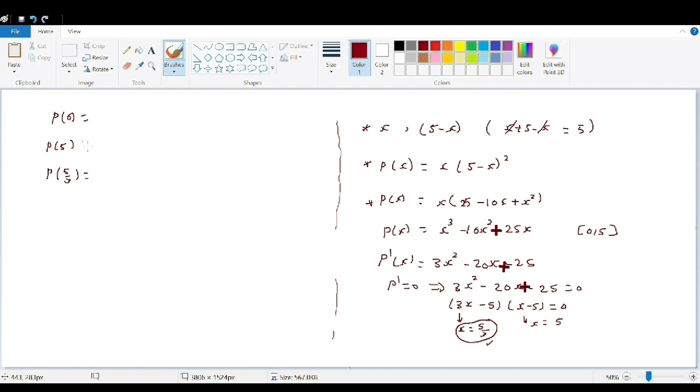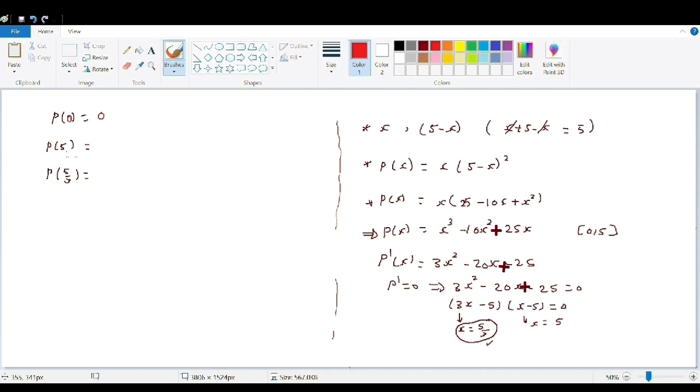So we go to the function p, we substitute in this function to know what is the absolute maximum and what is the absolute minimum. For p of 0, replacing any x by 0, we will get 0 multiplied by 0, and here we have 0, so all of this will be 0. So p of 0 is equal to 0.